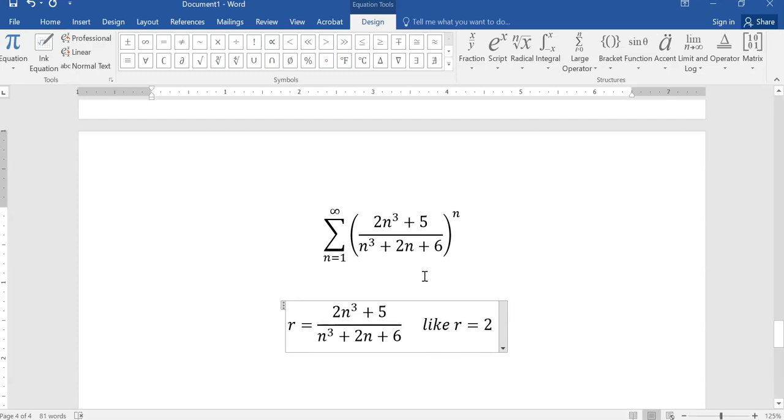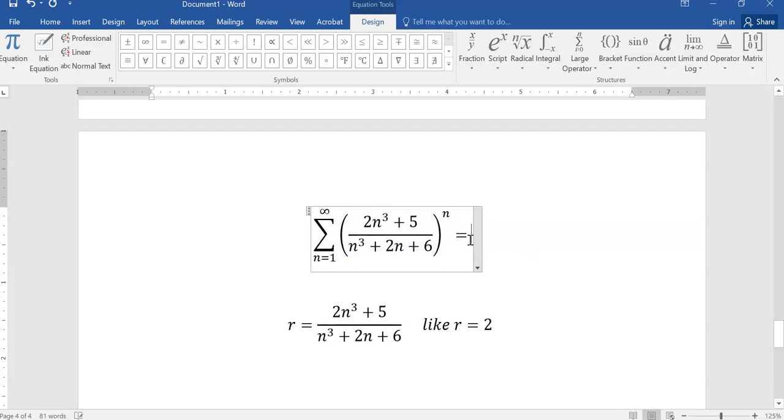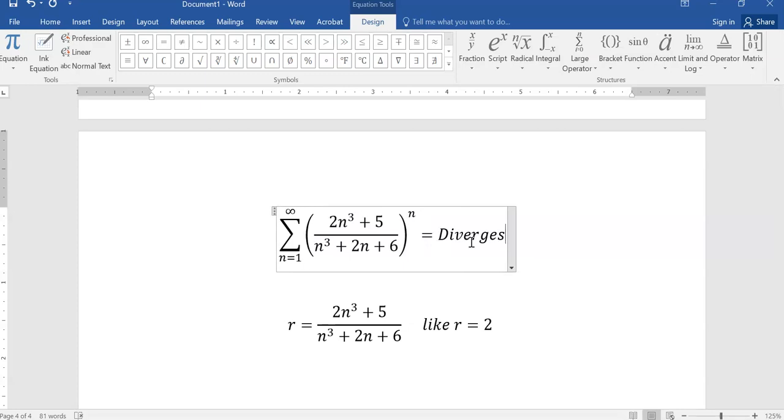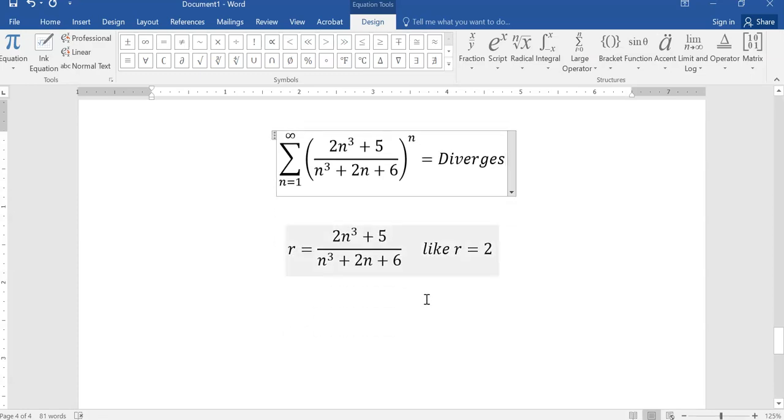So basically, we might as well have had 2 to the nth power in this situation. And we know that if r is bigger than 1, namely here r is equal to 2, then this thing has to diverge. And that's it. So that's what the root test is really good at accomplishing.